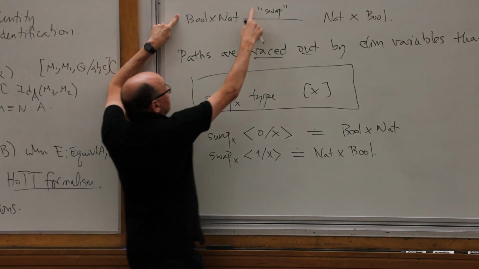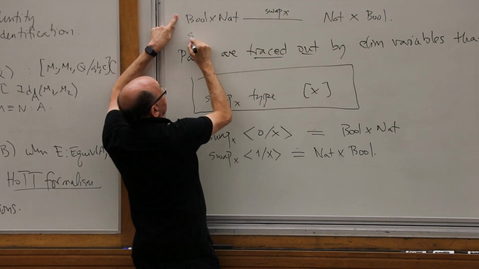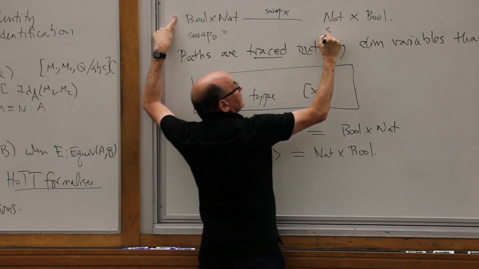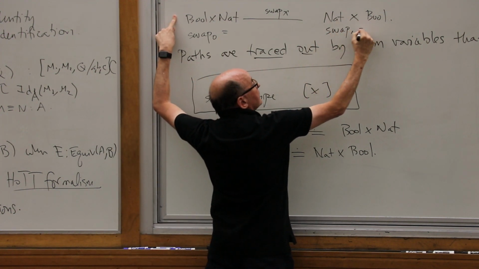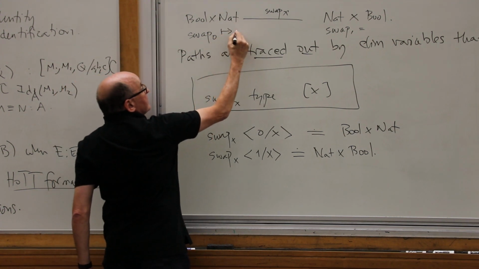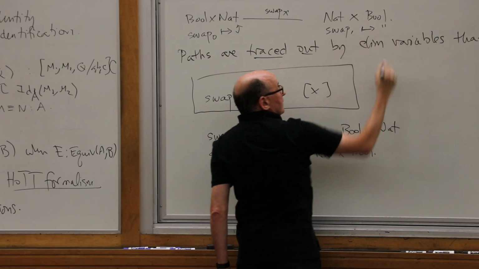So this just expresses the same as that. It says I have a line, and I'll write it as swap of x, and then I'm going to arrange it so that swap of 0 is that, and I arrange it so that swap of 1 is that. In fact, this thing computes to that, and this thing computes to that.